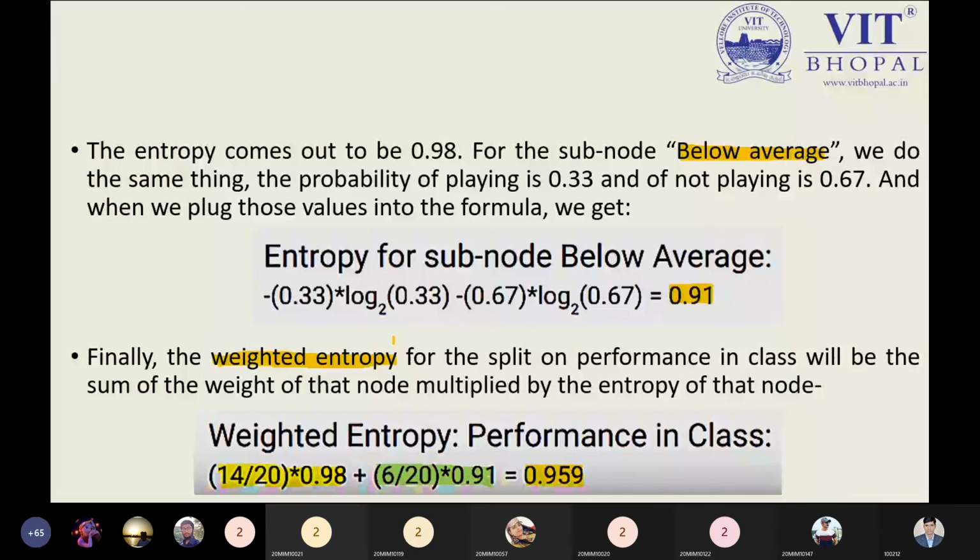Yes, sir. Suppose here we have only two children. If we have three children, then of course we have to calculate the entropy of the third child as well, and while calculating the weighted entropy, just add one more term and do the appropriate calculation, then you will get the weighted entropy.